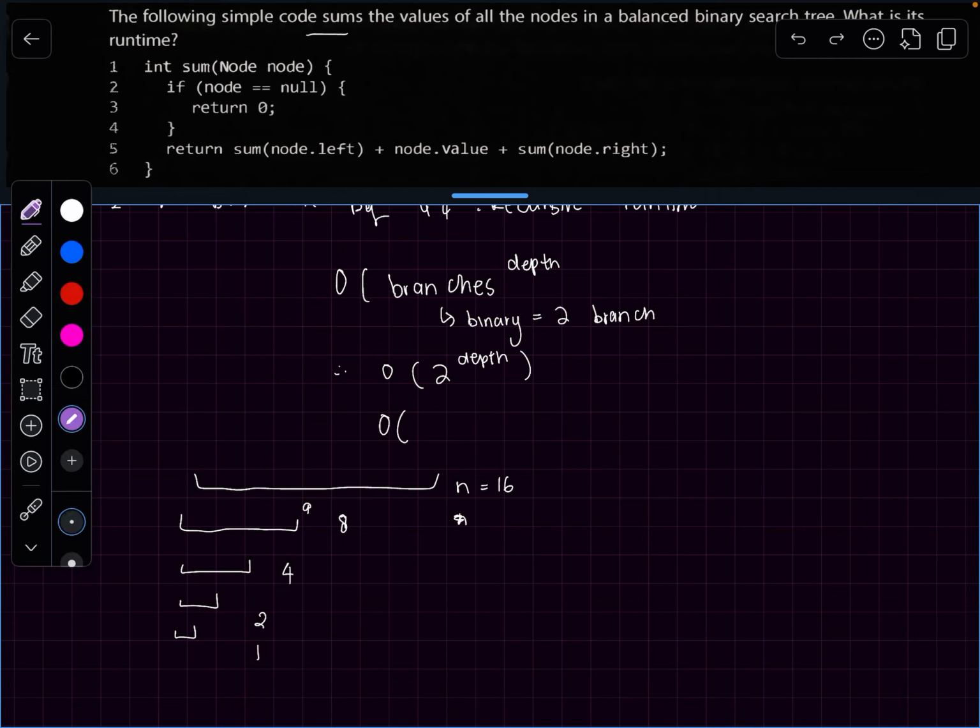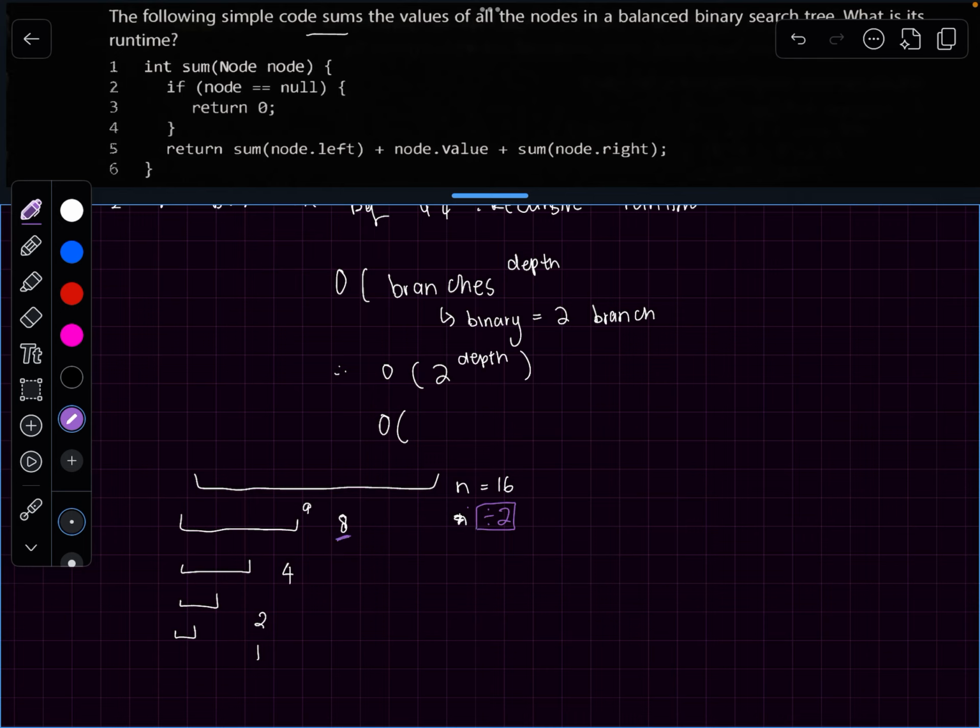The relationship from 16 to 8 is dividing it by 2, or you could say 8 times 2 is 16, and 16 divided by 2 is 8.